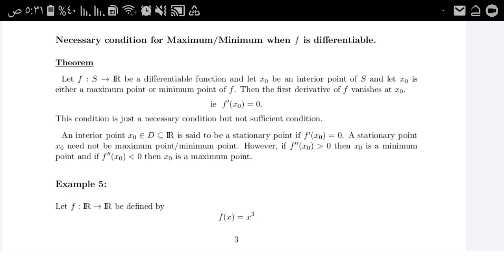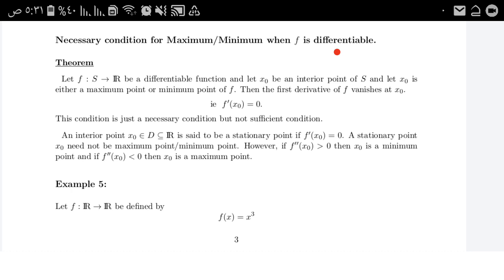So the next part is about the necessary condition for maximum and minimum when f is differentiable.